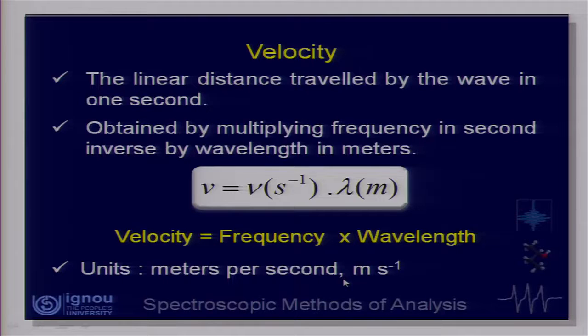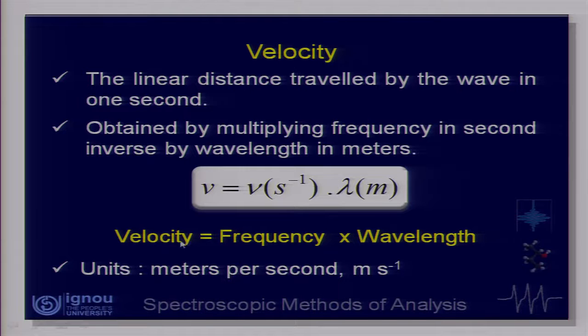Okay. Let us move further and take up yet another characteristic of EM radiation, that happens to be the velocity. Velocity basically refers to the linear distance travelled by the wave in 1 second, that is, per unit time. We can obtain velocity by multiplying the frequency of the radiation, which is in terms of second inverse or hertz, by the wavelength, which is expressed in meters. So, we have the following expression: V, the velocity of radiation, is equal to nu, the frequency, in units of second inverse, times lambda, in units of meter.